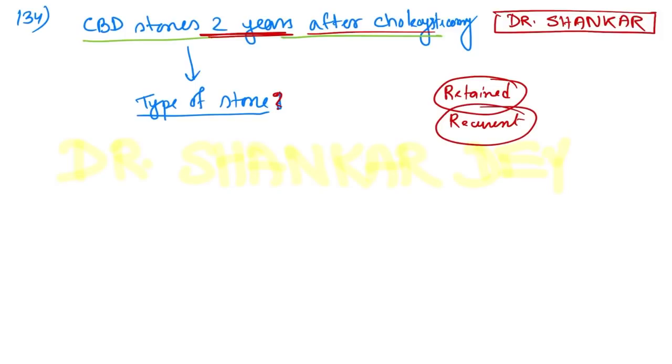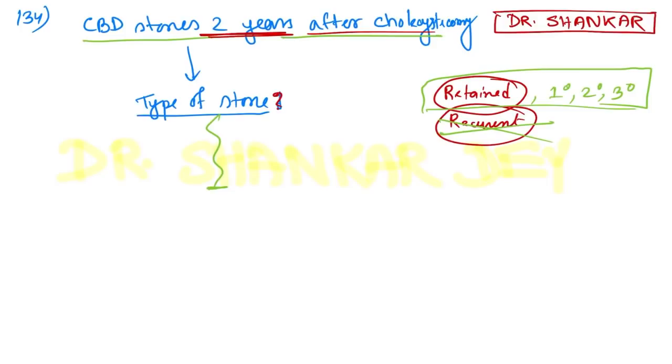But in the exam, the recurrent option was not there. There was retained stone, primary stone, secondary stone, or tertiary. These four options were there, I think. So the type of stone in this case, this is CBD stone definitely. So this is primary stone, occurring 2 years after cholecystectomy.